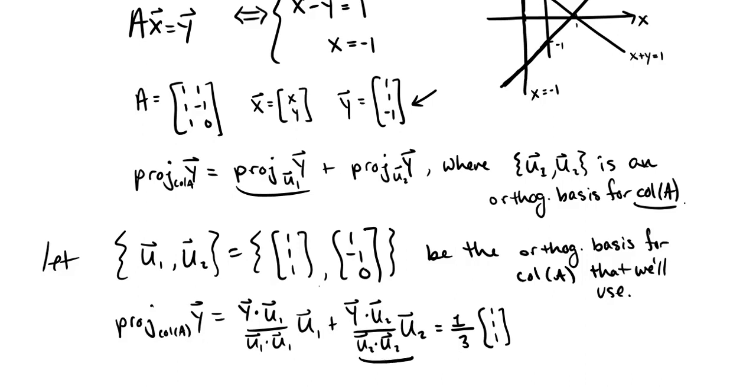And next we need this scalar, Y dot U2, so Y up here again, dot with U2. Those happen to be orthogonal as well, so this is 0. I don't even have to compute the rest here. The 0 scalar out front zeroes all this part out. We just have this vector 1/3 of 1, 1, 1.